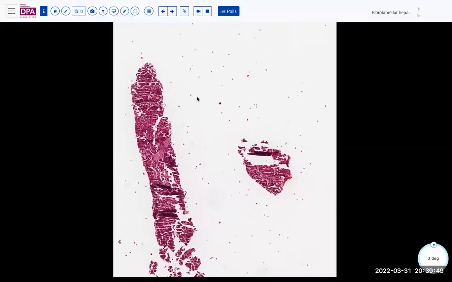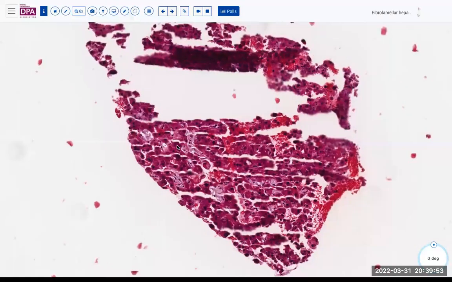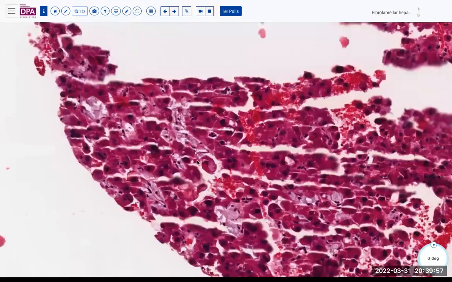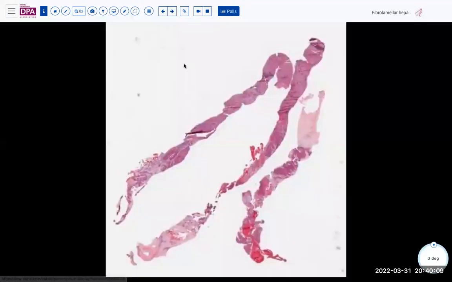We'll take a look at this piece down here. So it doesn't look like we have any more collagen in this particular piece either. But I think you can see that the architecture is different and the cytology is certainly different from normal benign liver tissue. Let's see another example. Again, a core biopsy.